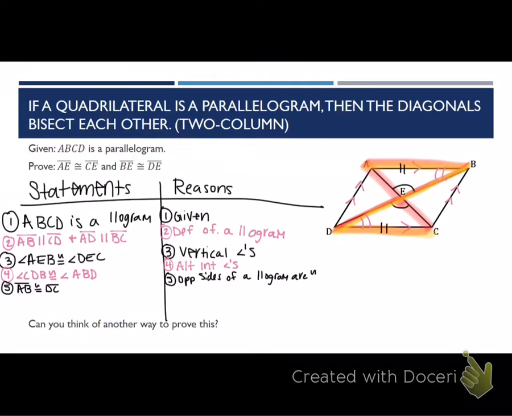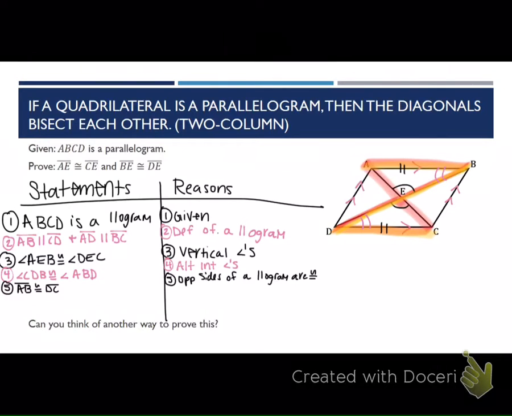Now, do we have enough information to prove those 2 red triangles are congruent? Do we have 3 pieces? What are our pieces? We have an angle. What else do we have? Another angle and a side.